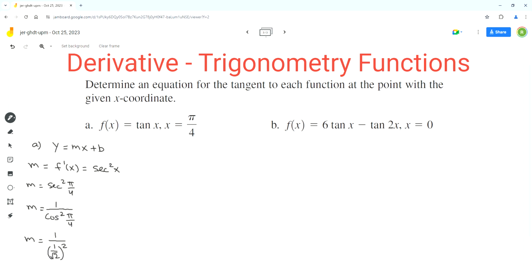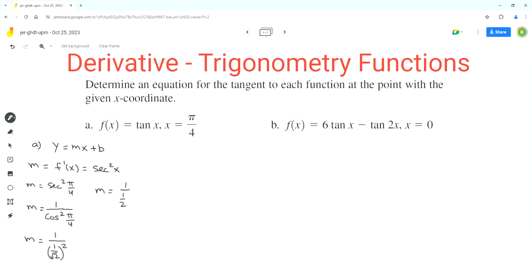And we put the square on 1 over square root 2. Now 1 over square root 2 square means we multiply 1 over square root 2 by itself, and 1 over square root 2 times 1 over square root 2 is 1 over 2. So it becomes m equals 1 over 1 over 2.